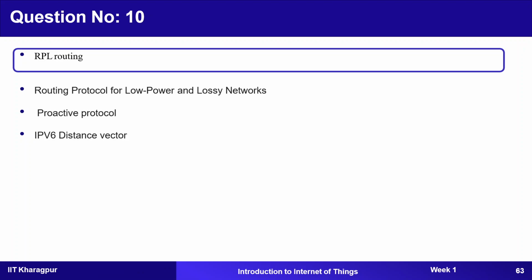Question number 13 is, which of the following functions as the network bridge in an IEEE 802.15.4 network? Options are PAN coordinator, option 2 is router, third one is device, and fourth one is none of these. Anyone?